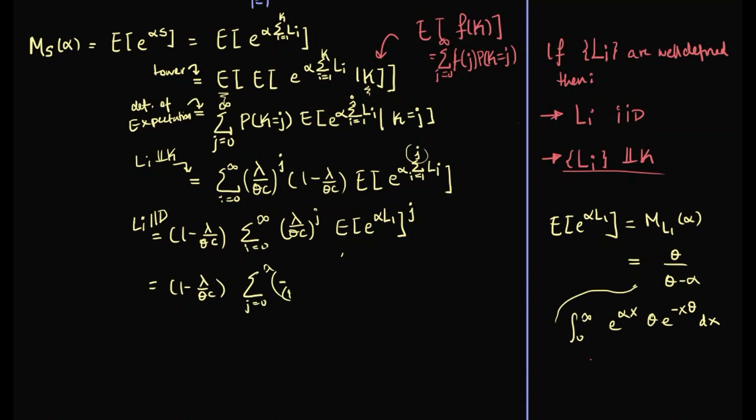So we have things to the jth power. You have lambda divided by theta c, and here you have theta divided by theta minus alpha. Theta and theta cancel, resulting in lambda divided by theta minus alpha c, multiplied by j.